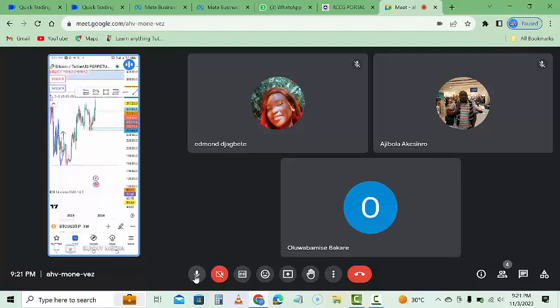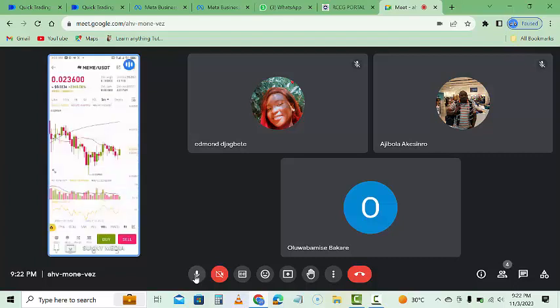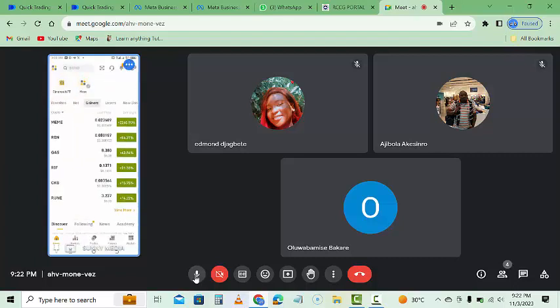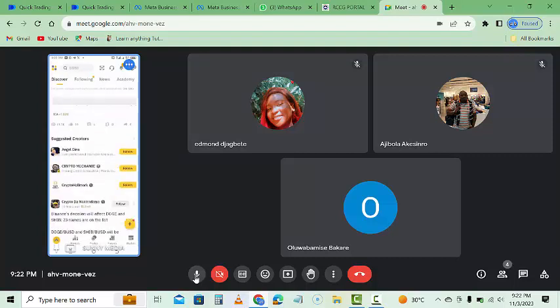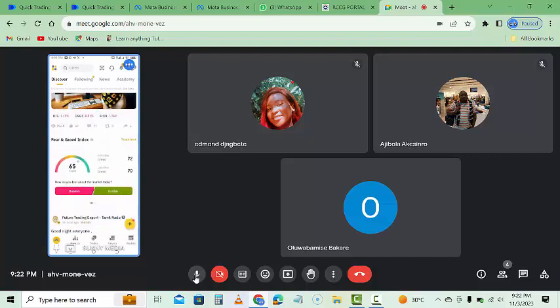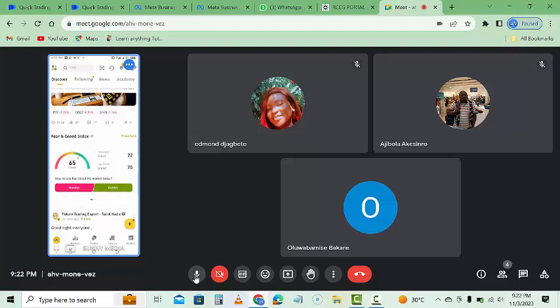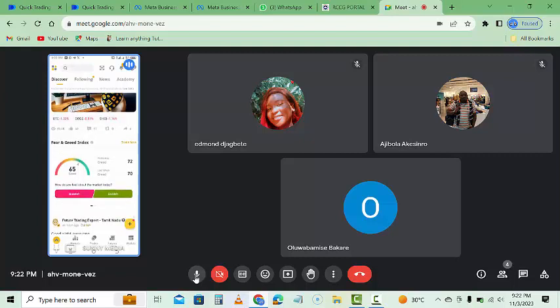When BTC was at this zone, if you check the fear and greed index at that time, you should see it on fear. Here you go, the fear and greed index.